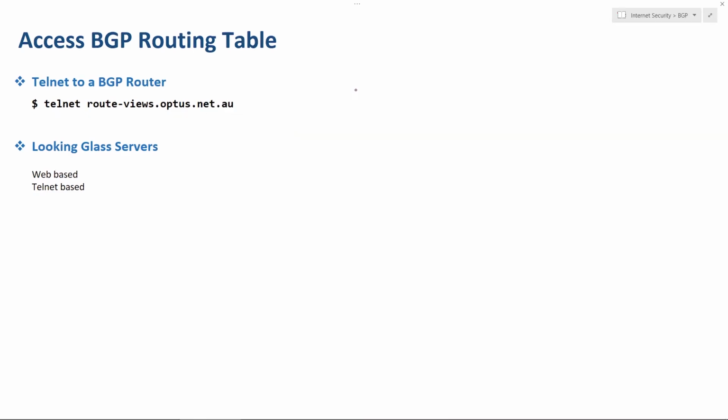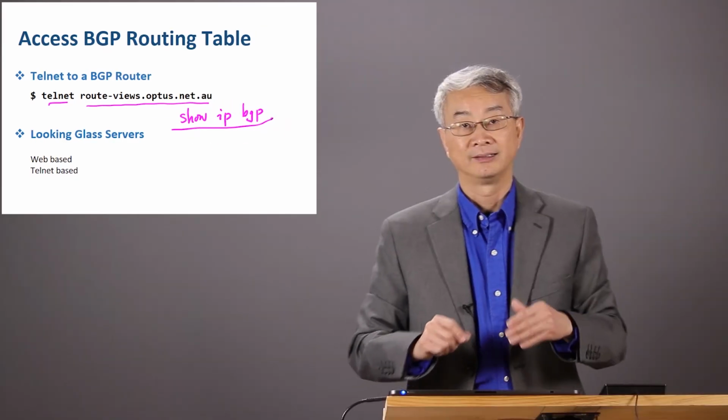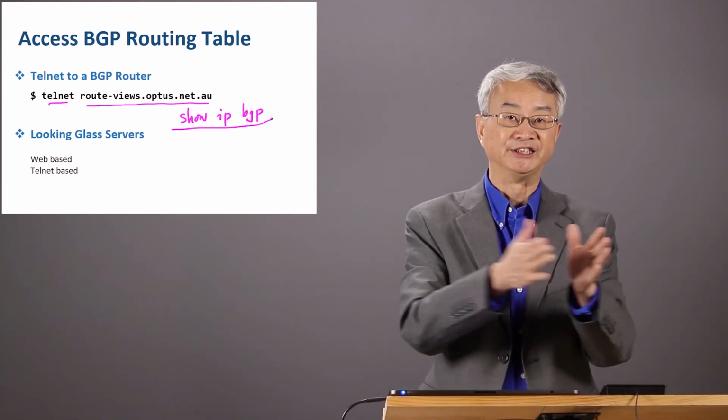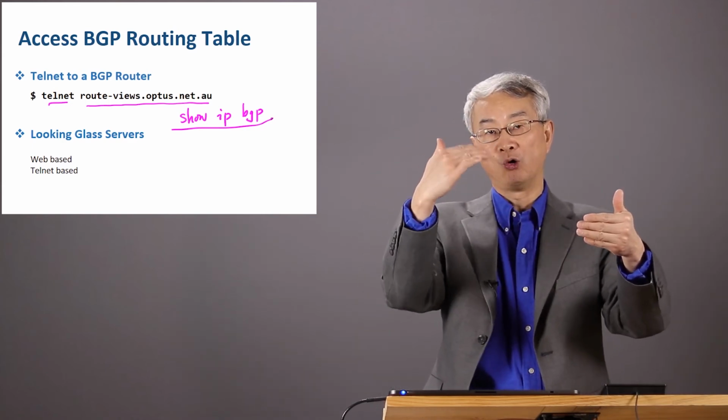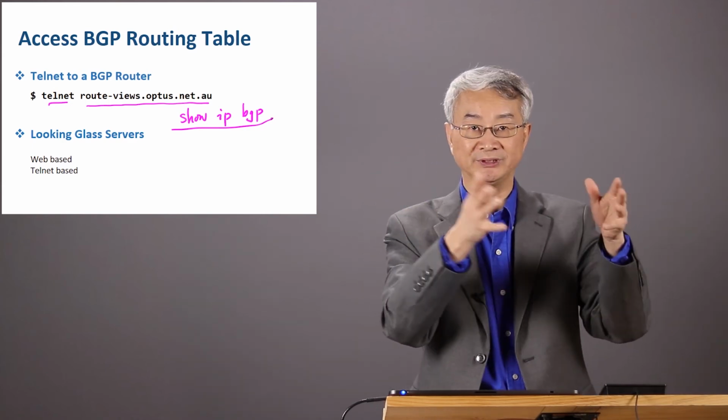For example, here I can telnet into this server, and this allows me to see the BGP table. Once you're in there, you can type show ip bgp, that's going to show you its BGP table for every IP prefix, and it shows you all the entries associated with that IP prefix.